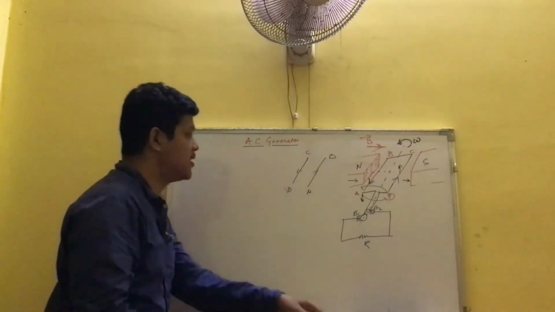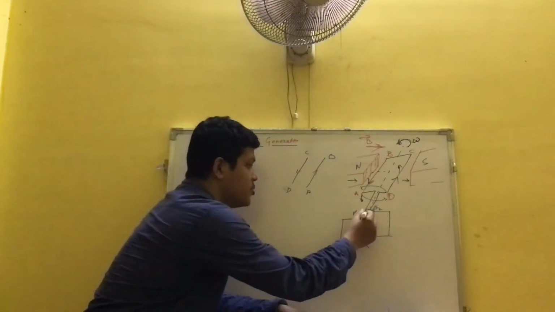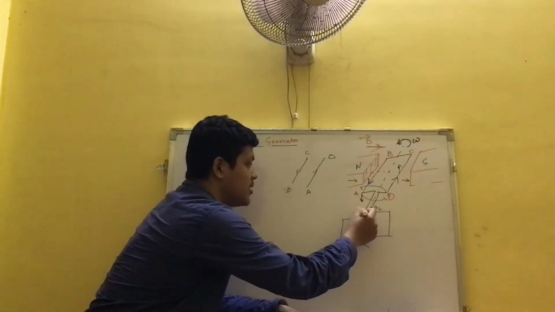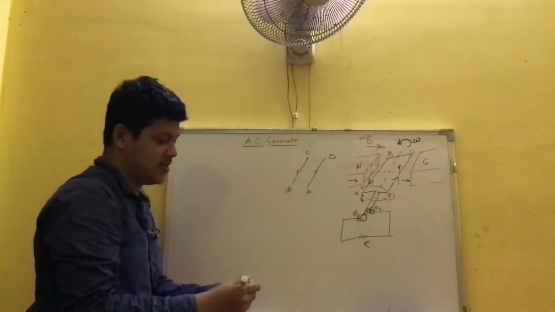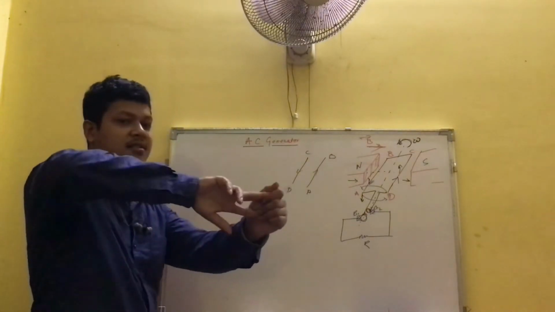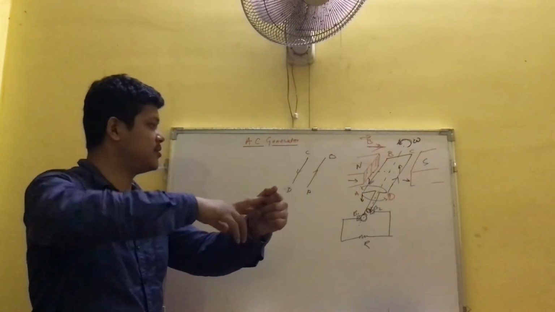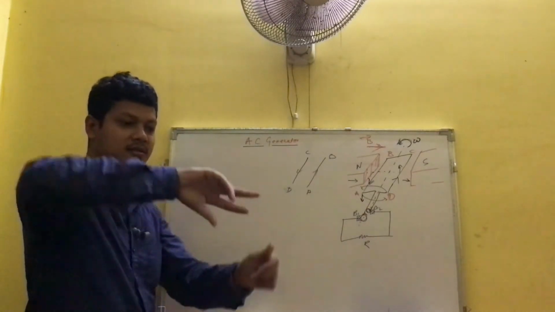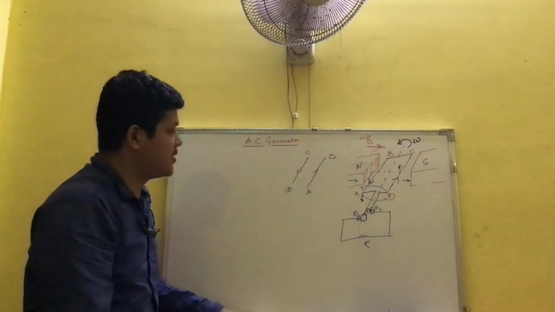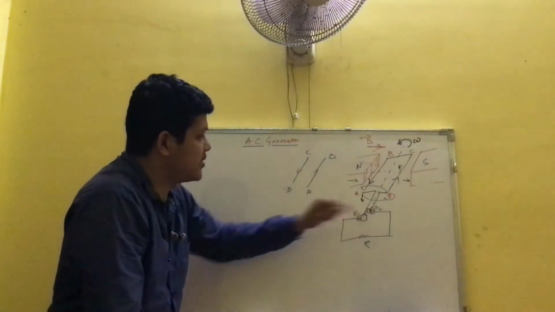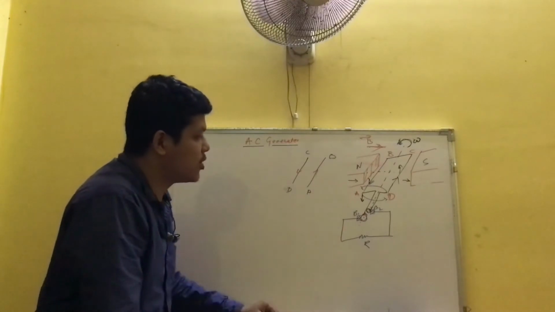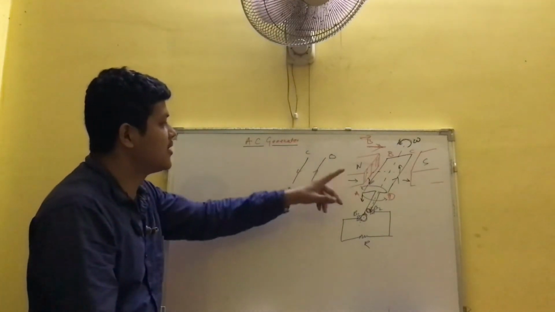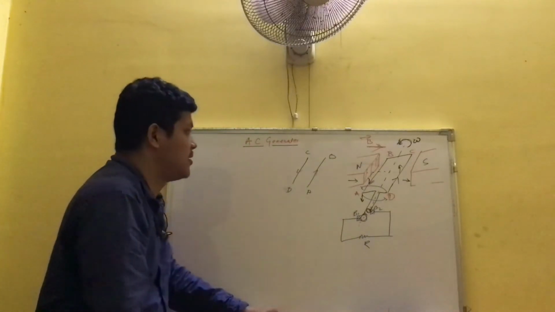And here you see these two rings. These two ends of the coil are linked with these two rings, so that it doesn't allow the two connections to get twisted. There are two brass rings, and these two slip rings work as a commutator. Commutator means it changes the direction of current in the circuit after every half cycle.